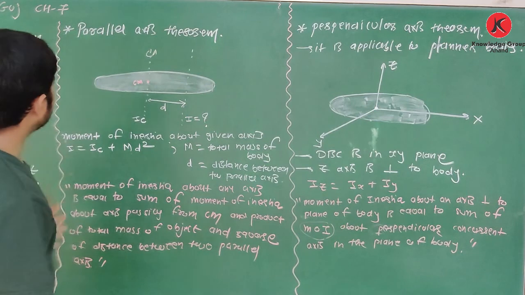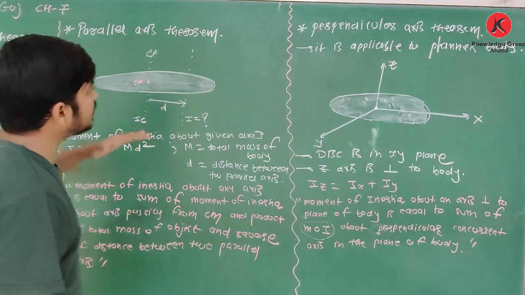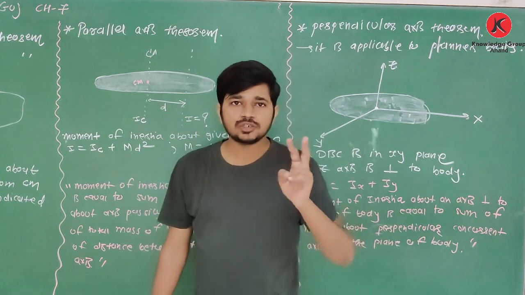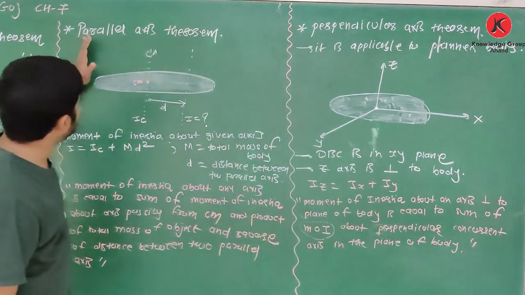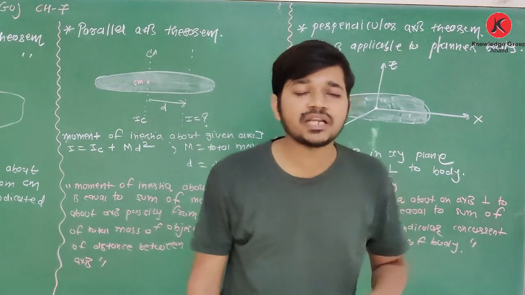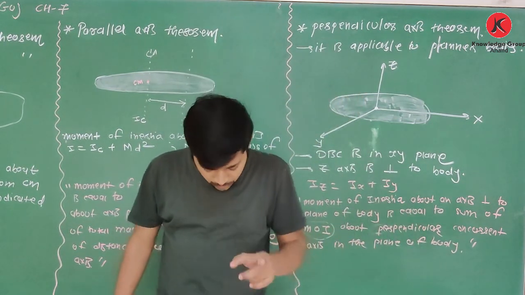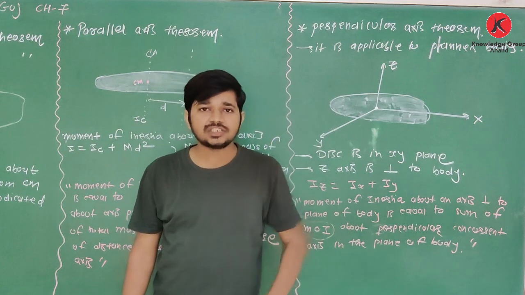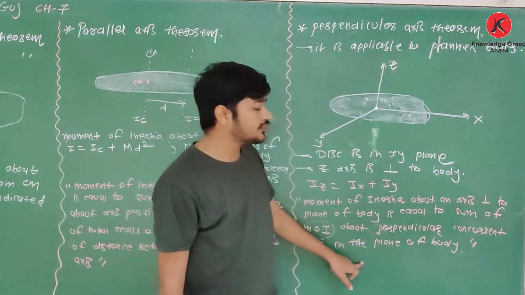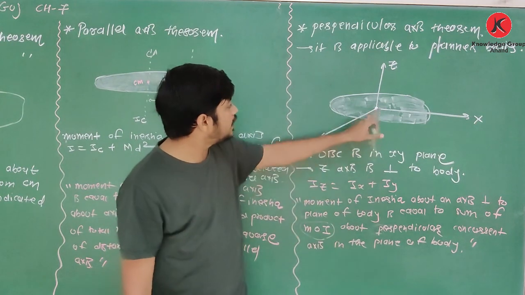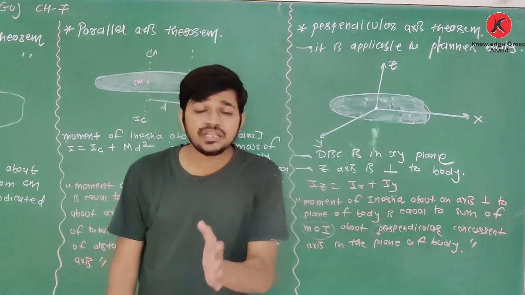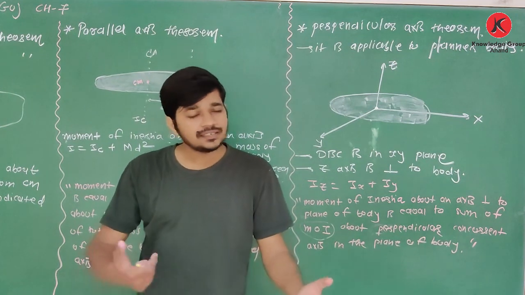For today, these two theorems, the parallel axis theorem and the perpendicular axis theorem, are most important questions. For 2 marks, the parallel axis theorem; for 2 marks, the perpendicular axis theorem. It is one of the most important questions of this chapter. Don't forget to write your answer in the comment box. If this disk is in the xz plane, then what is the equation? For today, this is it.